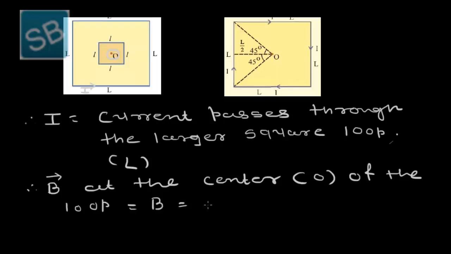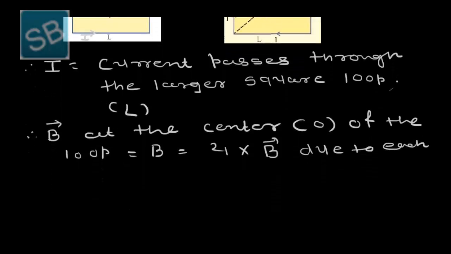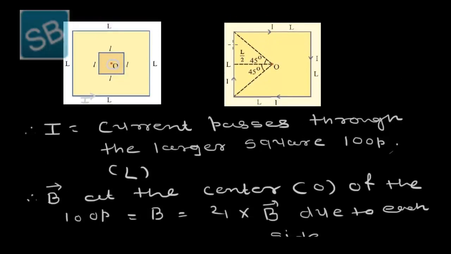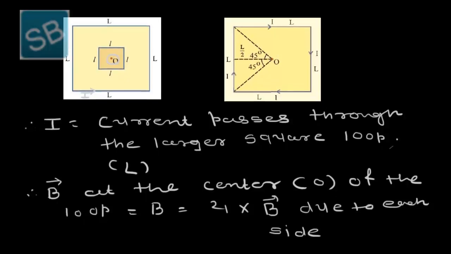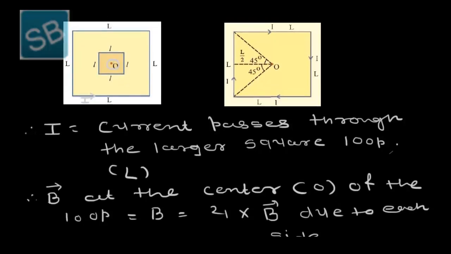is given by B is equal to 4 times the magnetic field due to each side, because all sides have the same length capital L. And now if we consider only a single side, then I can separate one particular side as L by 2, L by 2, and hence this triangle will have the angle of 45 degrees, and hence I can put directly the values of the angle.